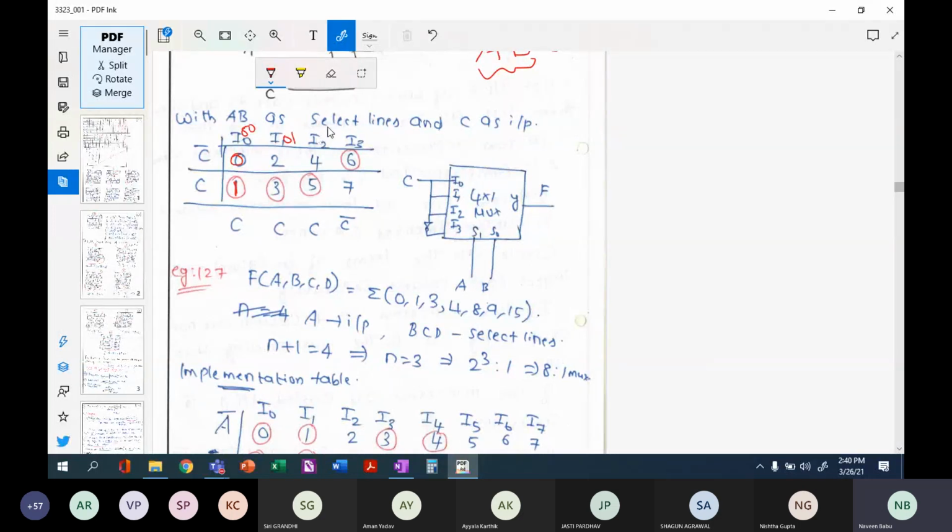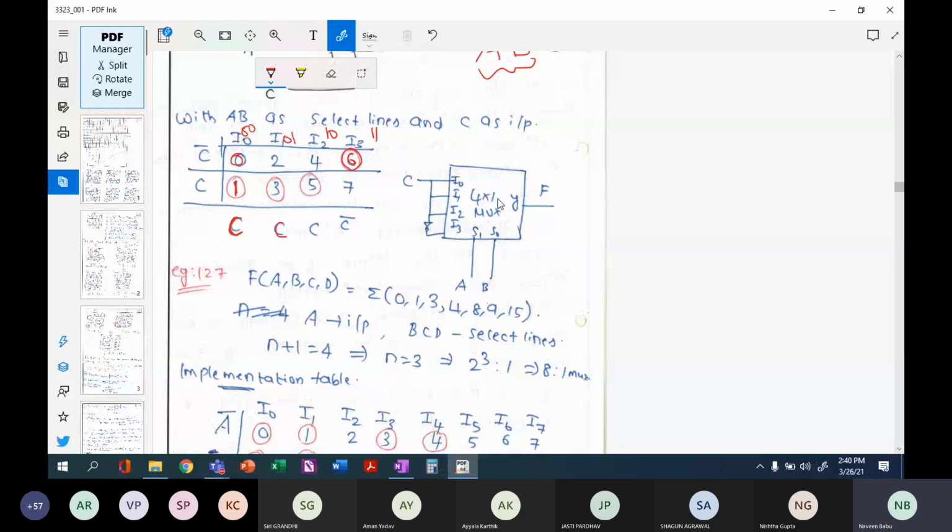Similarly, 0, 1, 1, 0 and 1, 1. You have to first write the minterms correctly. Once you write the minterms, you see that I'm having 1 across the C row, so I will write C here. Again, there is only one circle corresponding to the C row, so C is written. The last column has a circle corresponding to C bar. So C bar is there.